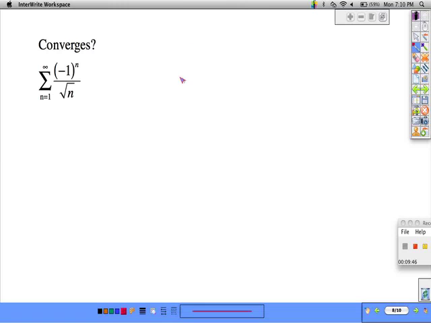So here is an example, and this is equal to, if I write this out for a few terms, sine of 1 over 1 plus sine of 2 over 2 plus sine of 3 over 3 and so on.